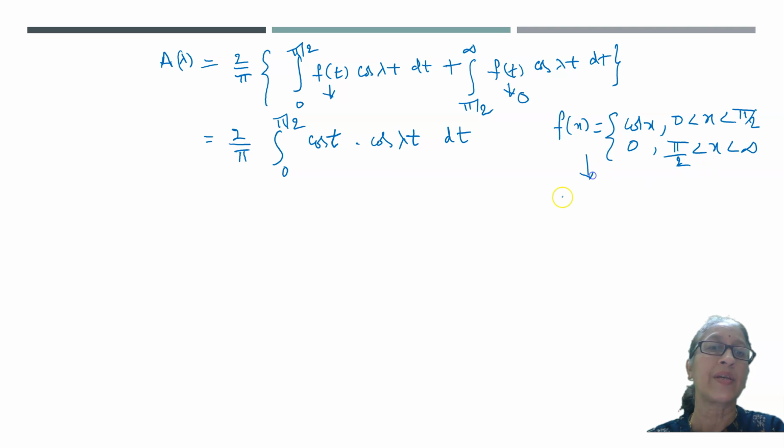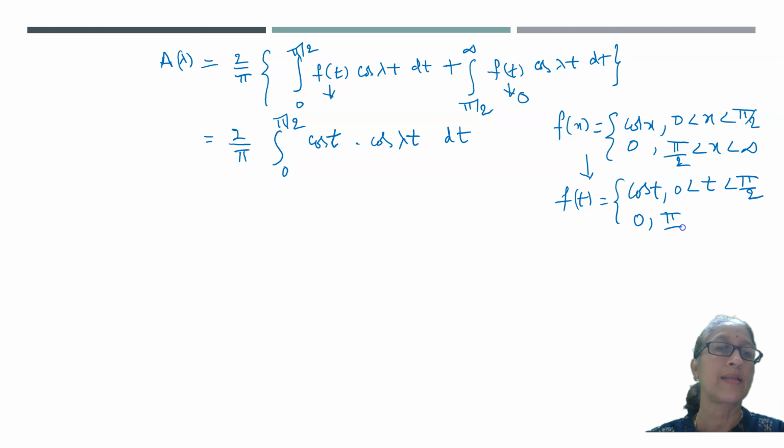That means f(t) equals cos t in the interval 0 to pi by 2 and 0 in the interval pi by 2 to infinity. So in the first integral, from 0 to pi by 2, f(t) is cos t, and in the second integral f(t) is 0.